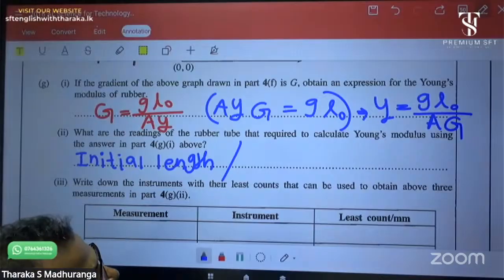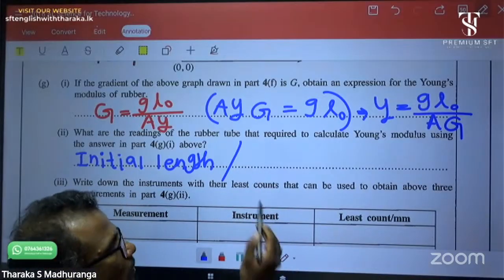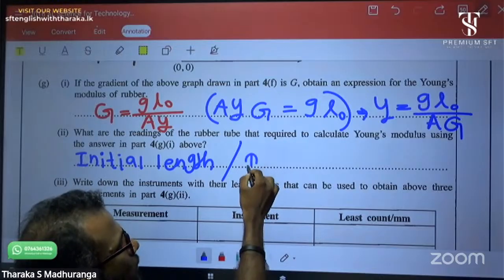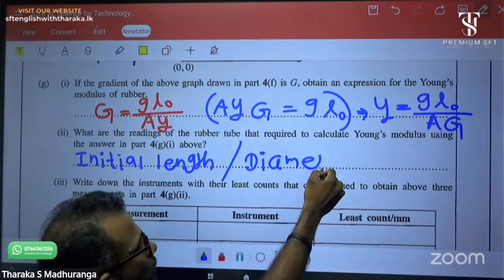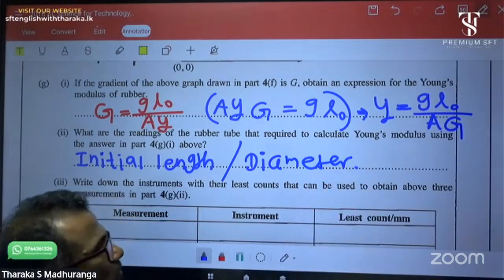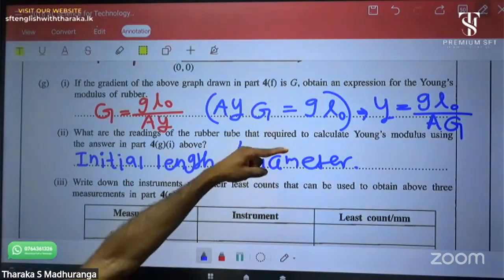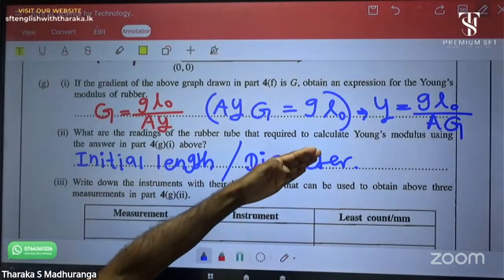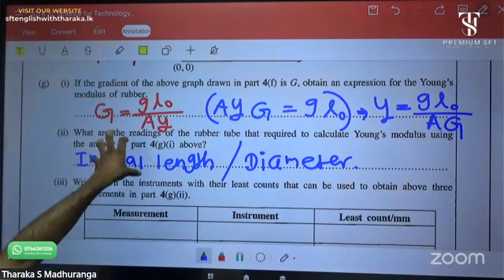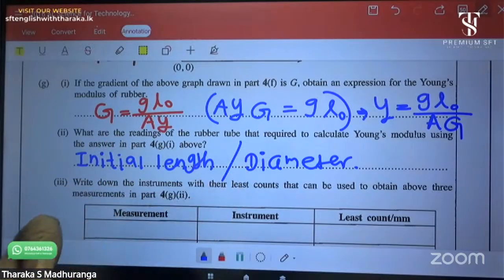Then we need the diameter or radius, the cross section diameter. Okay, they are the measurements required. The g value is already given and the gradient is also given. L we can find from the initial length. If you know the diameter or radius, you can get the cross section area.